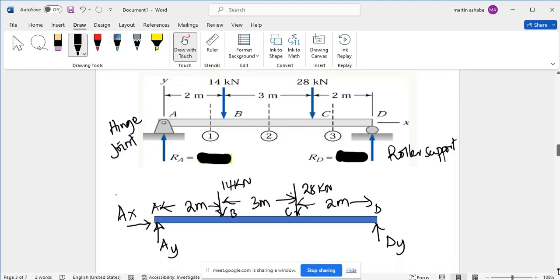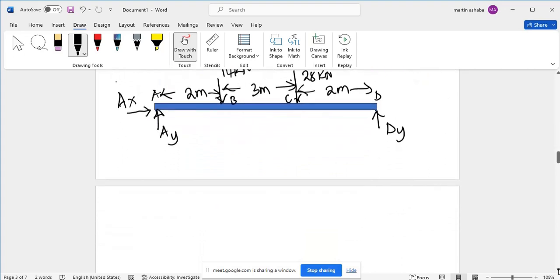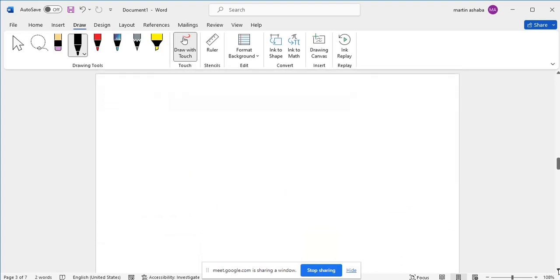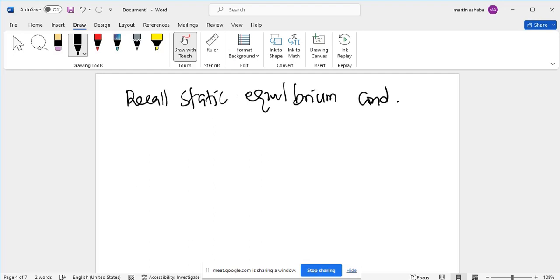So members, you have to remember the conditions of static equilibrium, because this beam is statically determinate. So recall static equilibrium conditions, whereby the sum of forces in the x direction must equal 0.